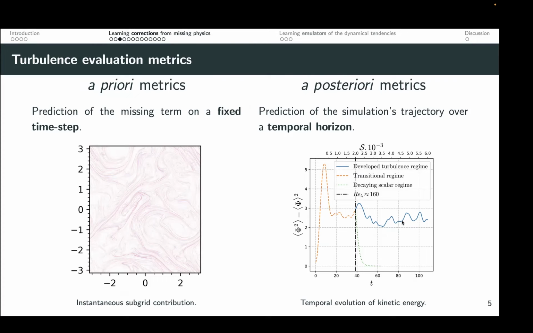And we also have the a posteriori metric, where what we look at is more the temporal evolution of the system that has been augmented with the subgrid model. So in this case, we include the temporal aspect in the evaluation. And that was the motivation for what we now call online learning or a posteriori learning, or there are many names for this.